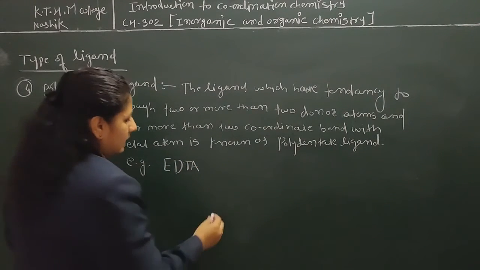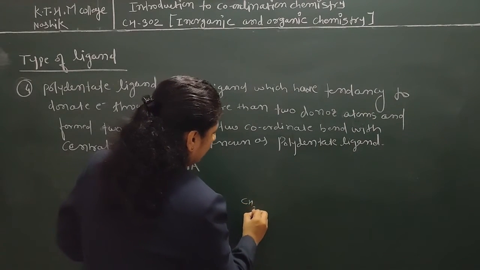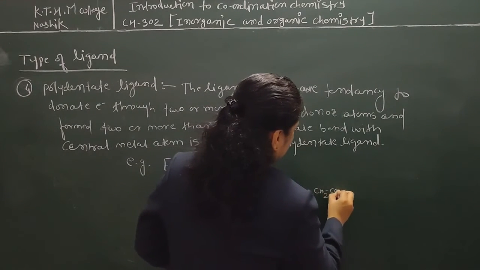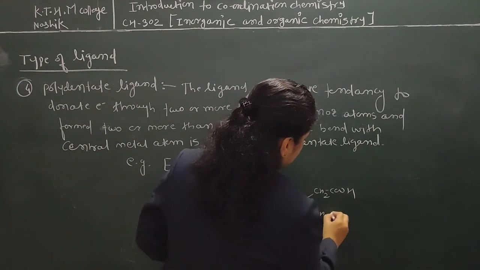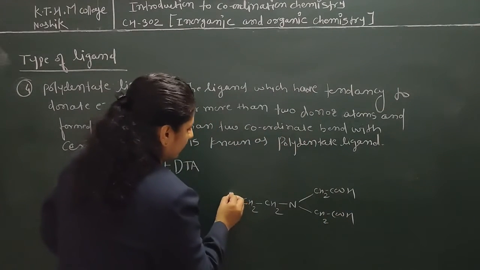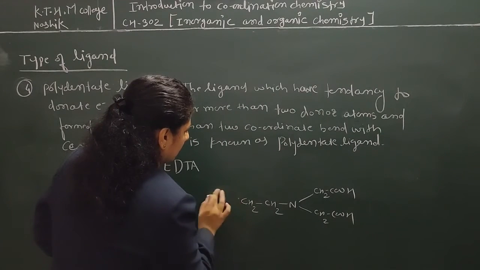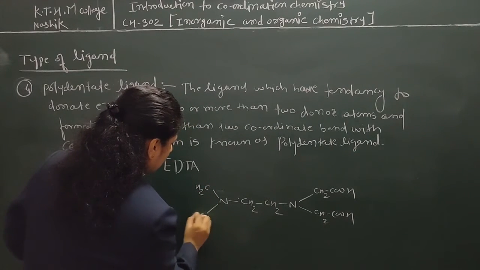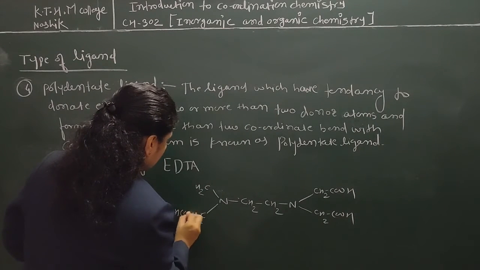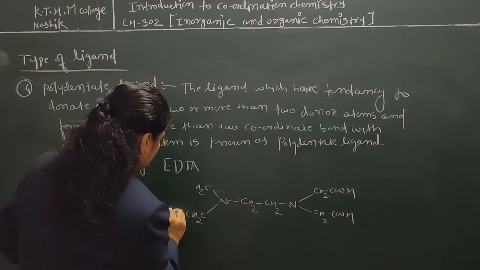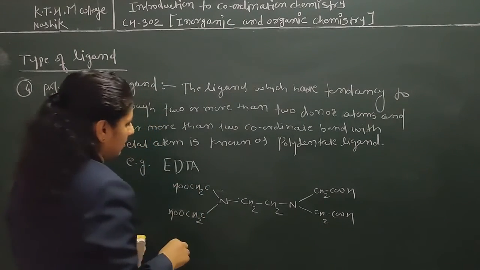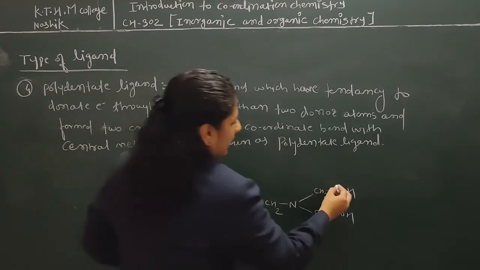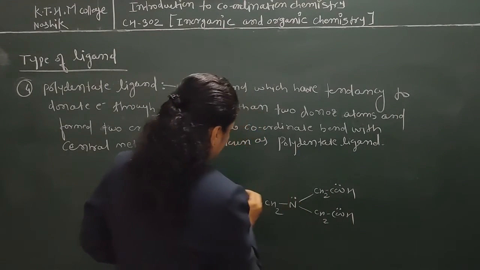EDTA can donate electrons through 6 donor atoms, that is, these 4 oxygen and 2 nitrogen atoms.